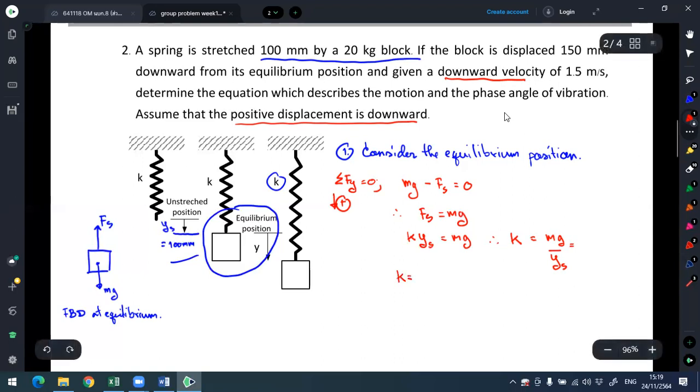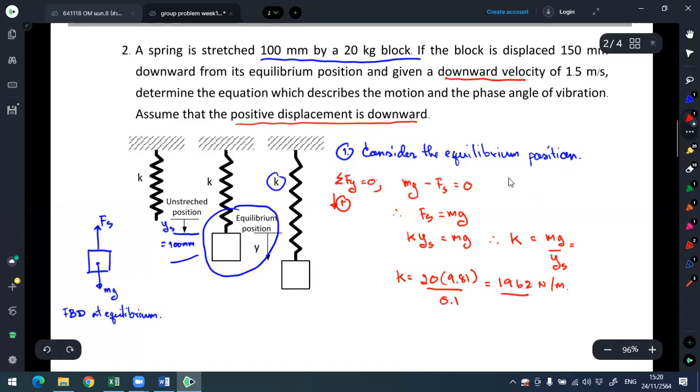According to this example, k should be 20 times 9.81 divided by 0.1, which becomes 1962 Newton per meter.